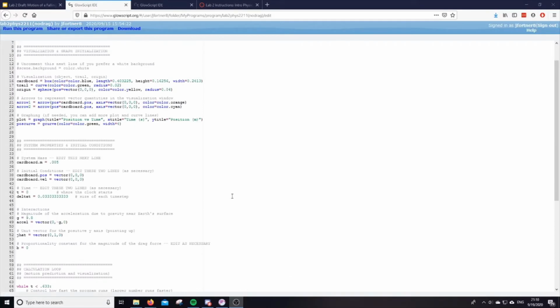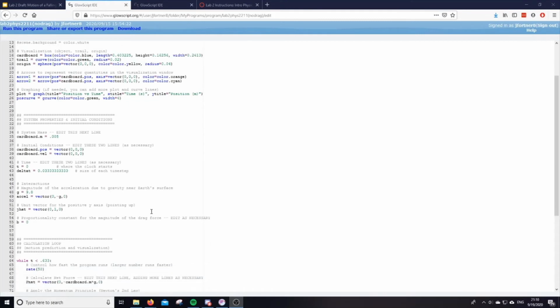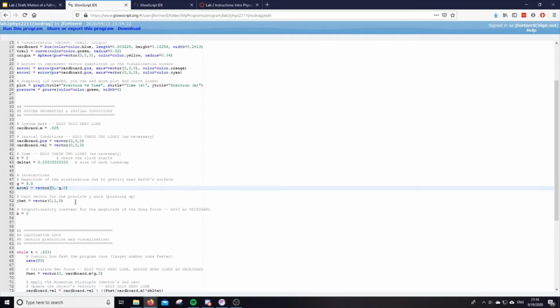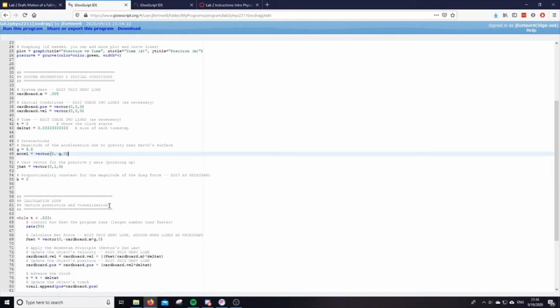So here's the Gauss group model that takes only gravity into account, so no drag force. As you can see, the acceleration is just a vector that has negative g in the y direction, g being 9.8 meters per second squared.